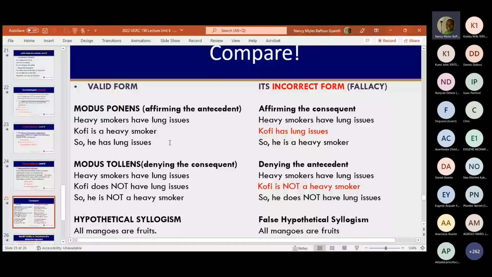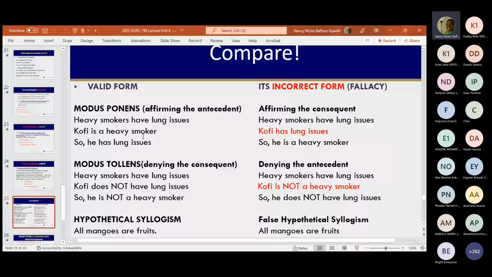That's why modus ponens, on the screen now, we call affirming the antecedent. After all, when we finish affirming the antecedent in the premises, we concluded by also affirming the consequent. Yes, but that's in the conclusion. So the name is not focusing on the conclusion, it focuses on the premises, the second premise after the generalization. Therefore, this is called affirming the antecedent.